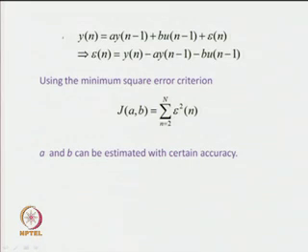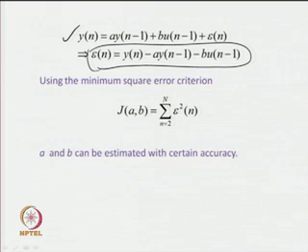From a little bit of analysis we can write the expression for y n. The difference equation can be rewritten in the form of epsilon n is equal to y n minus A y n minus 1 minus B u n minus 1.